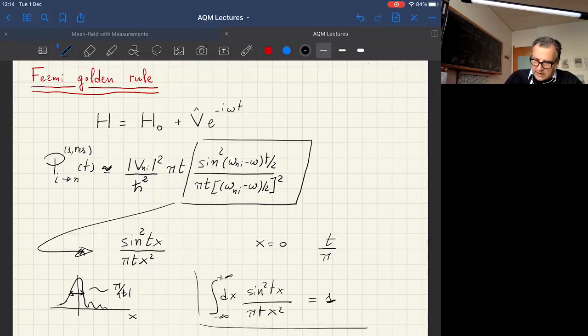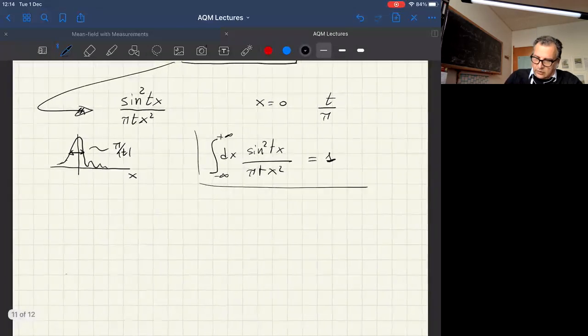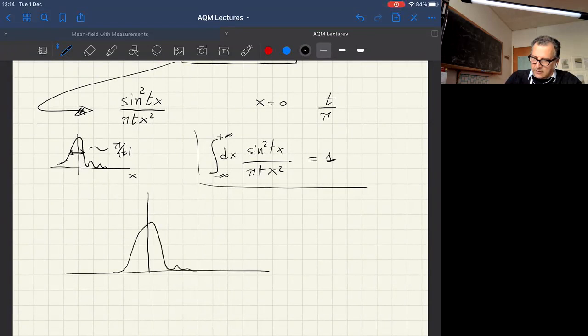So you see that this function, let me try to draw it. When t increases, it will be like this. It becomes sharper and higher.